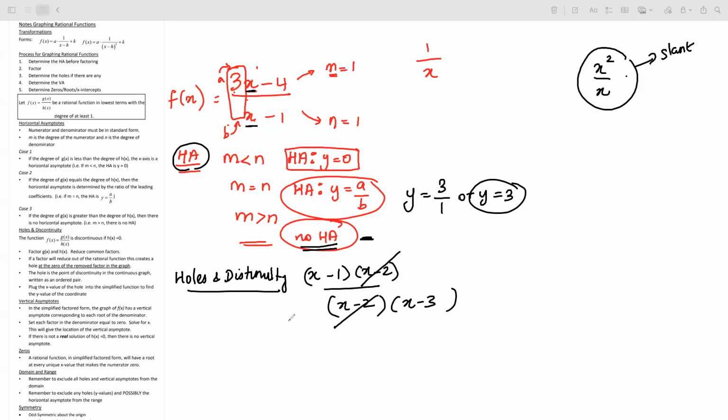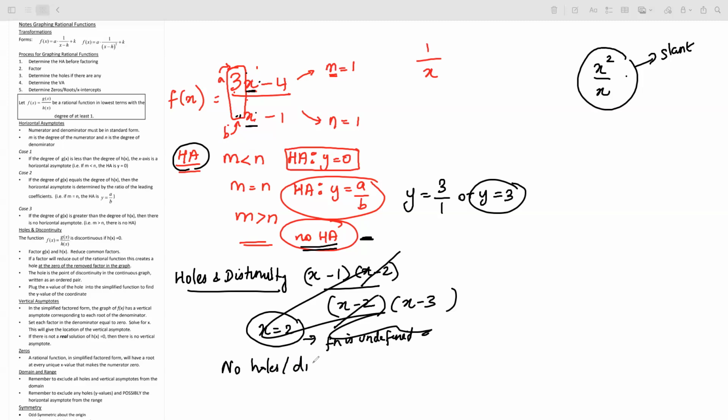Whatever factors you cancel, x equal to 2 is a hole. That means at x equal to 2, the function is undefined. That is a hole. Here, you don't have anything to cancel between numerator and denominator. So there are no holes or discontinuities. If there is something to cancel, then I will say there is a hole or discontinuity. Can I move on?